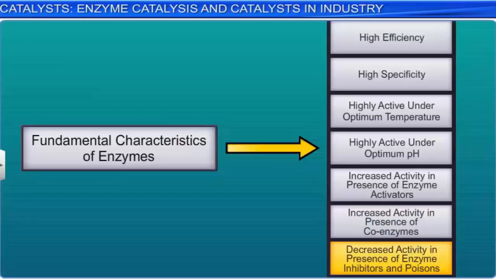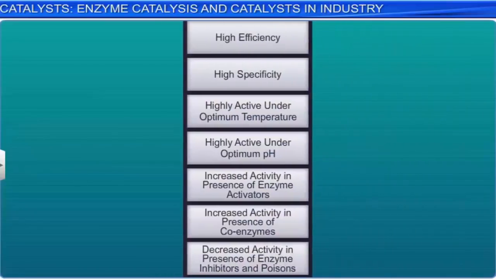Let us study each characteristic in detail. We will first discuss the efficiency feature of enzyme catalysts. Let us look at an example to see how enzymes are efficient in speeding up reactions.